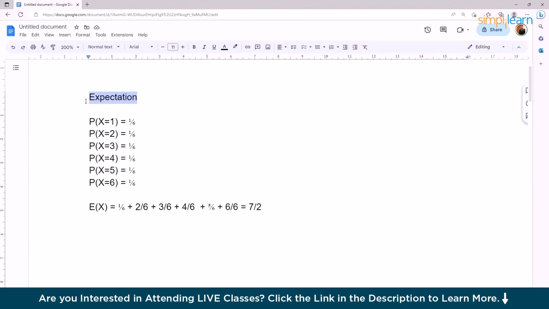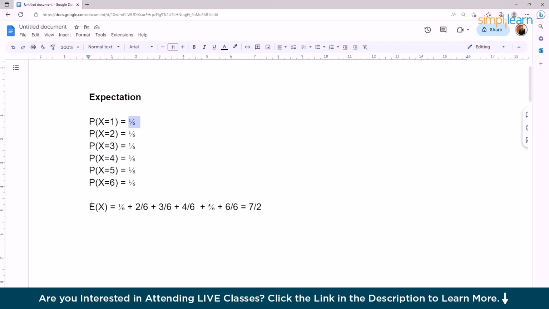The same logic applies if we talk about another example, rolling a die. There are 6 possible outcomes when you roll a die: 1, 2, 3, 4, 5, 6, and each of these has a probability of 1 by 6 of occurring.